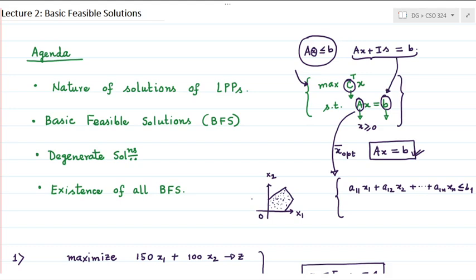And therefore we note that effectively there are infinitely many solutions to this system Ax equals b. Once you have infinitely many solutions, somehow we have to filter out what are the possible candidates of solution for the given linear programming problem.